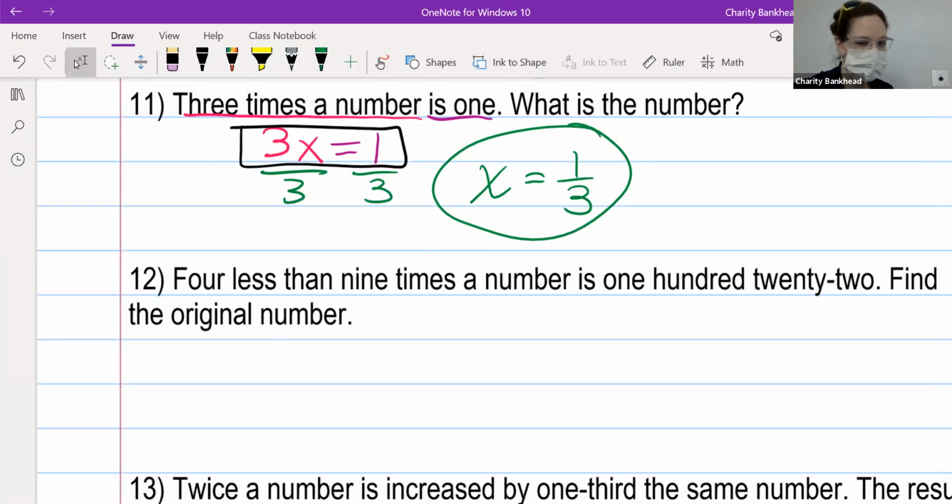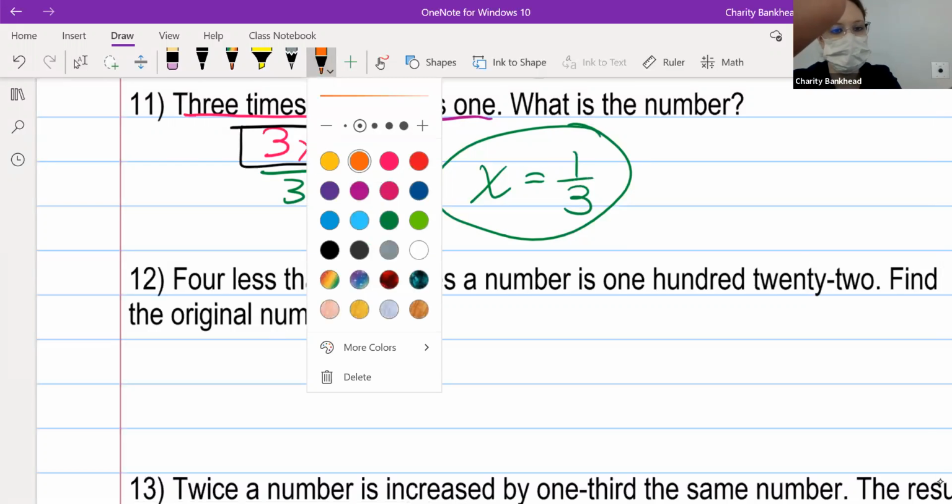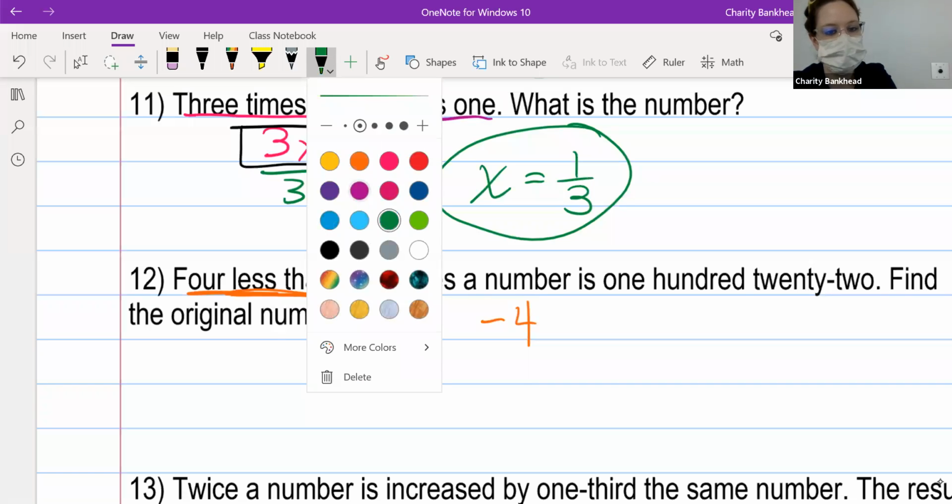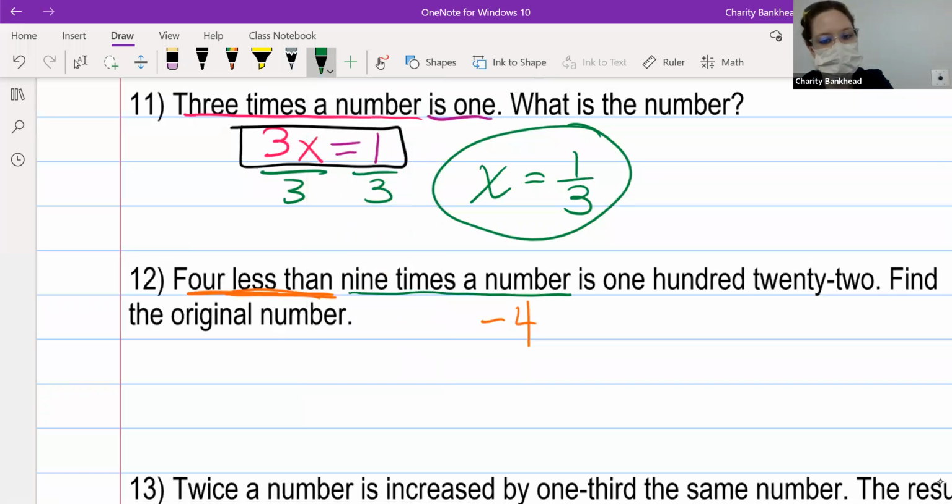Number 12 says 4 less than 9 times a number is 122. Find the original number. Okay, so again, it has the words less than. That's going to kind of reverse the order. So 4 less than means something minus 4. 4 less than 9 times a number would be 9x.